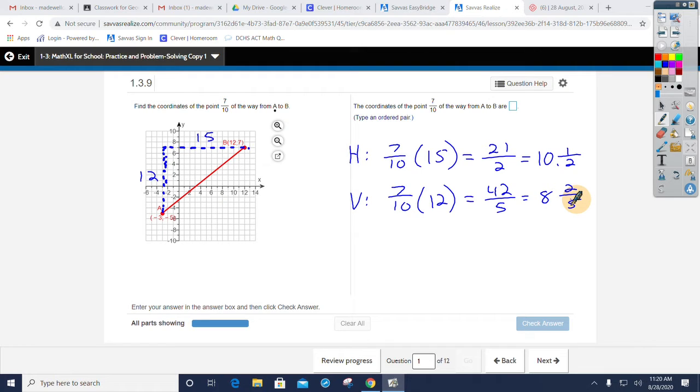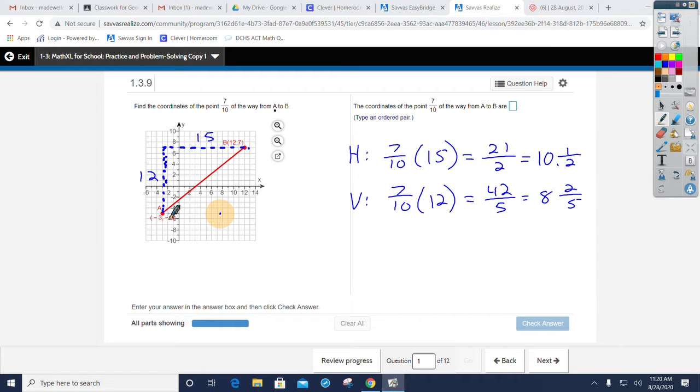So what we're going to do is from point A, we're going to go over horizontally 10.5. So if this is at -3 here, it means I'm going to go all the way over to 7. That would be 10. And then I'm going to go half more. So right in there.